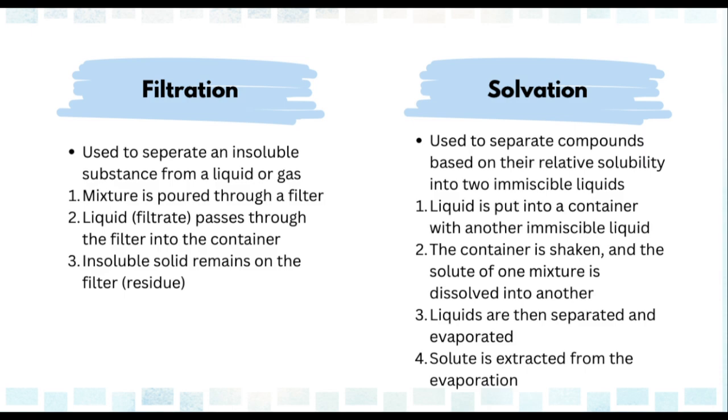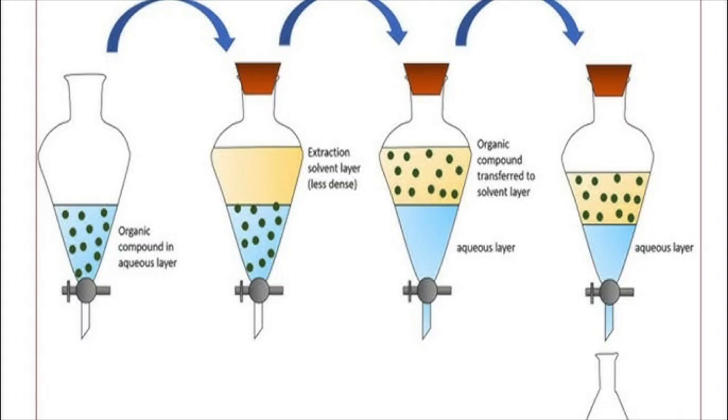The container is shaken, and the solute of one mixture is dissolved into another. Remember, immiscible means that there are two layers that do not mix. For a separatory funnel, say you have two different mixtures. Then it is shaken, and say that we have some solute in the blue mixture.